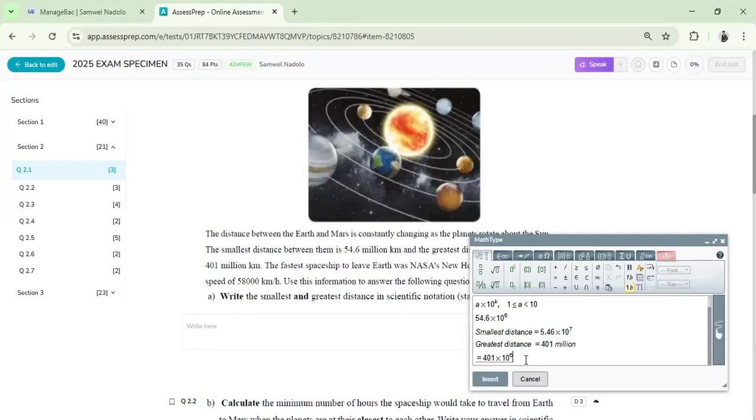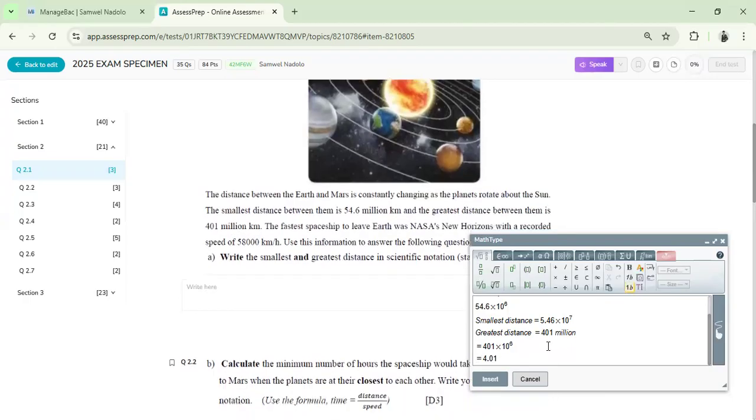Now we need the value of A to be a number between 1 and 10, but 401 is way beyond 10. So we are going to ask ourselves, how can we make this number to be a number between 1 and 10? From where 1 starts, I can put my decimal point in, 1, 2, the second step, which is the same as 4.01.